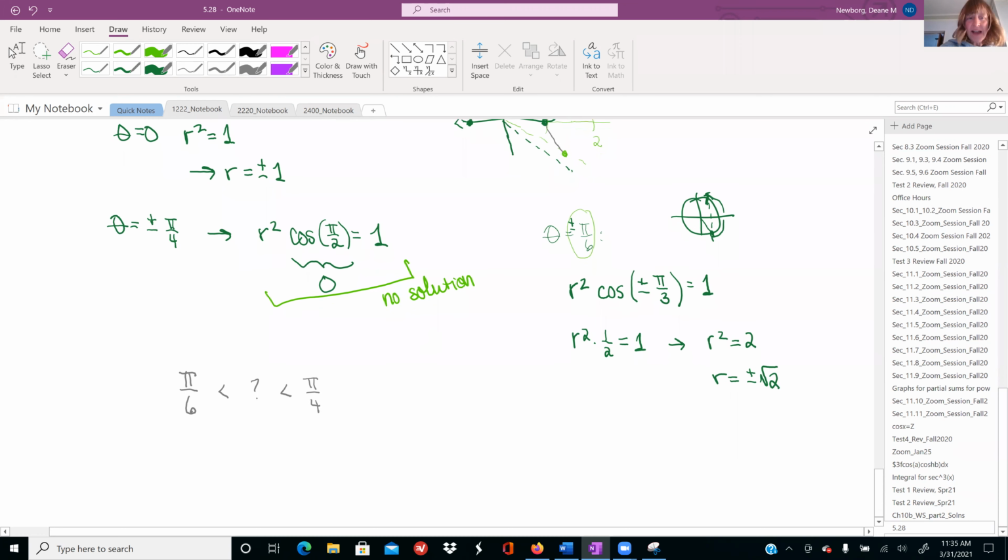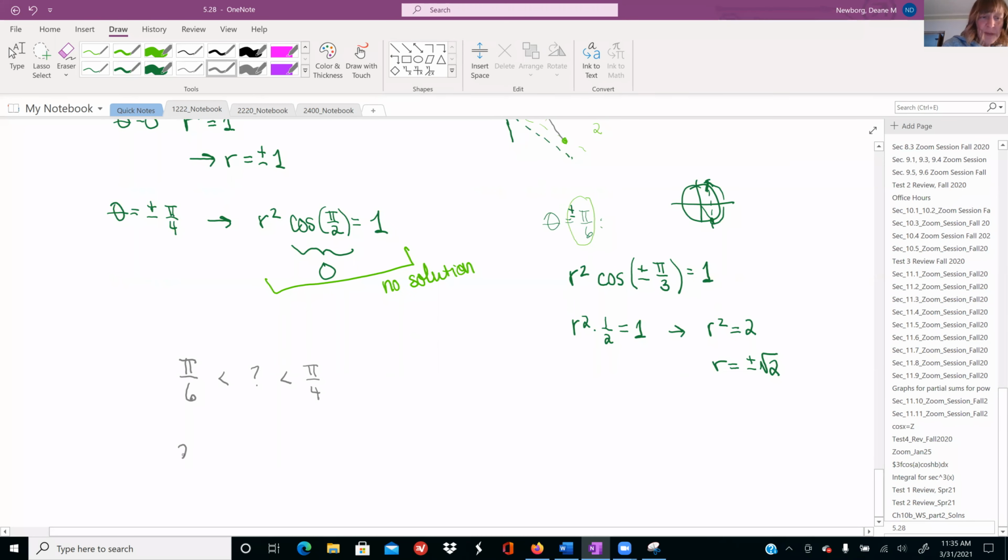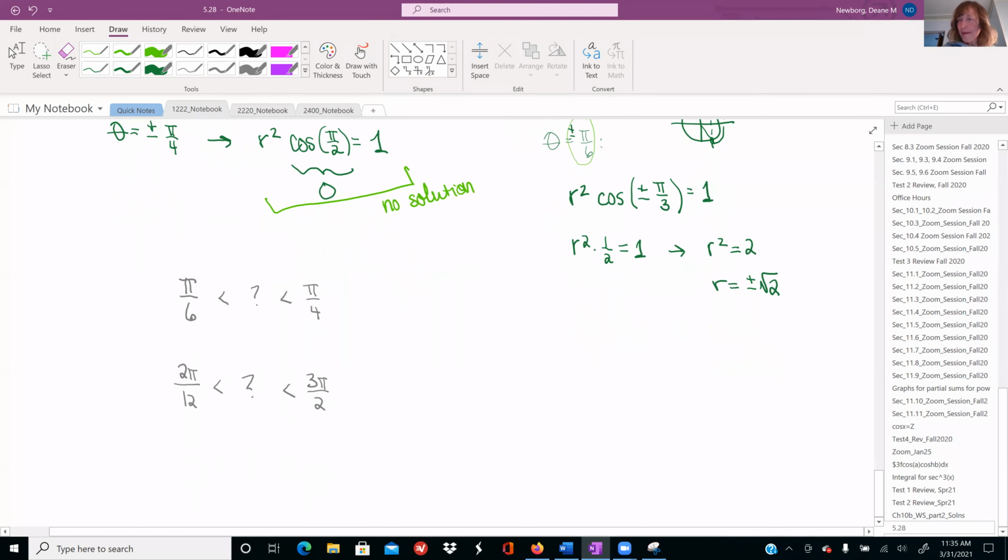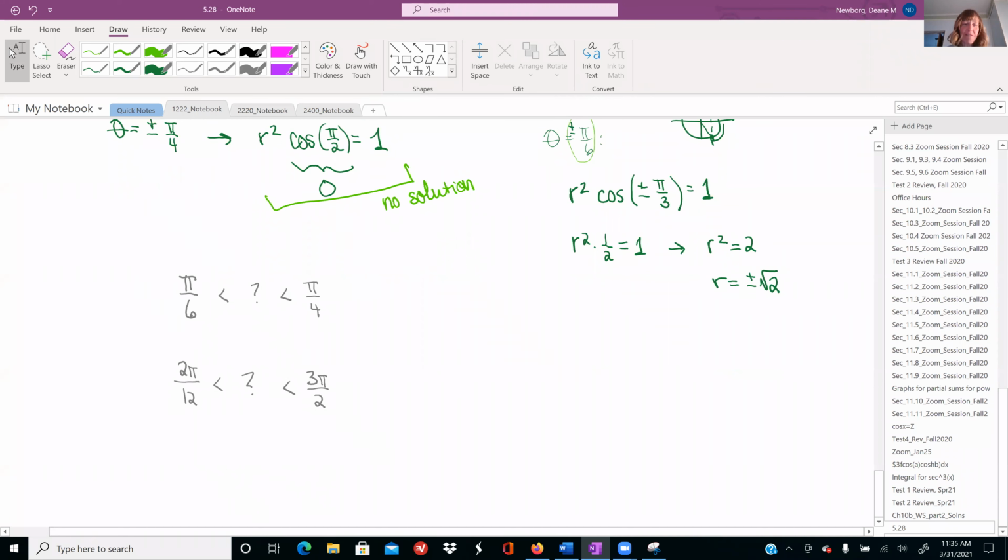Probably the easiest way to find it is to get a common denominator, which would be 12. Okay, well, there's not a nice whole number, right? Pi over 6 is 2 pi over 12. Pi over 4 is 3 pi over 12. But if I go to 24, then we'll be able to get something.